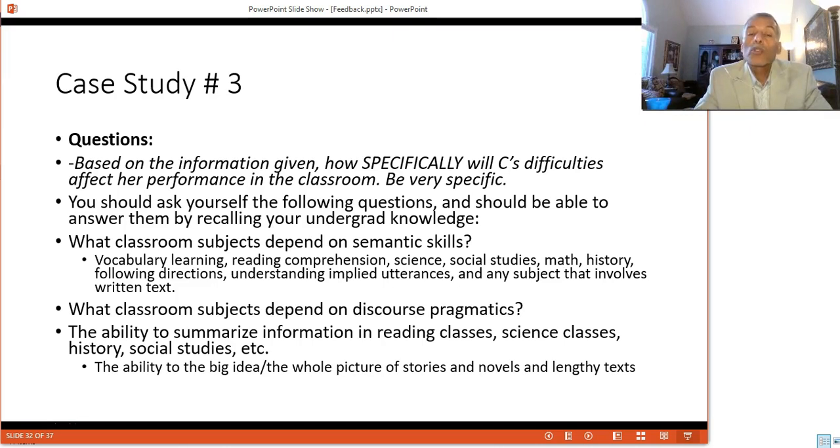And so the ability to summarize information in reading classes, science, history, social studies, any area where you have information that is written in paragraphs or even presented orally, on the paragraph level or sentence level, especially beyond the sentence level, is going to be affected by discourse pragmatics.